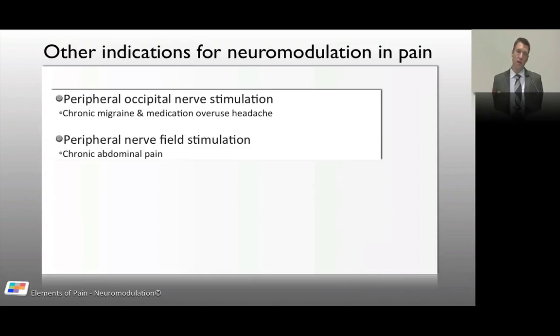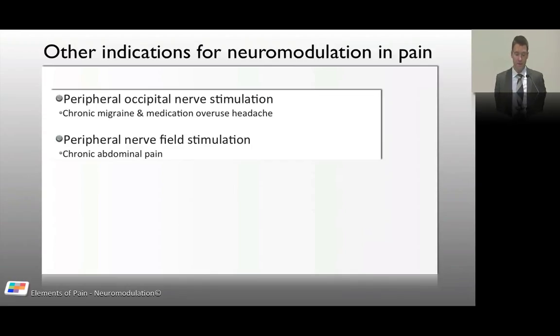So a lot more to come with regards to neurostimulation and headaches. And then even peripheral nerve field stimulation, so just placing the stimulators subcutaneously in the peripheral nerve field and hoping to get topographical coverage of a peripheral area of pain.